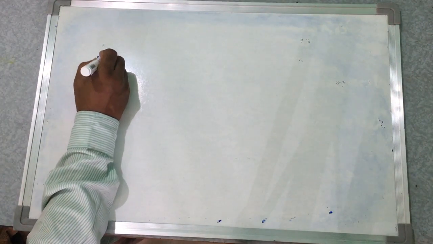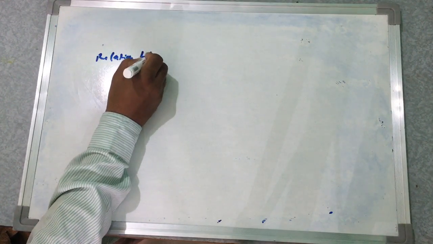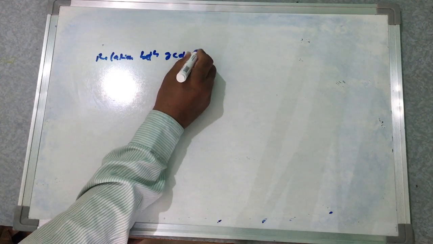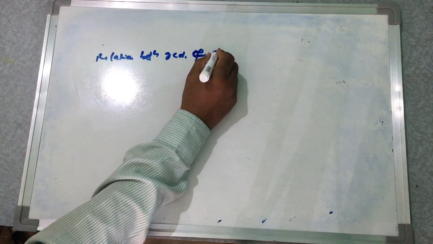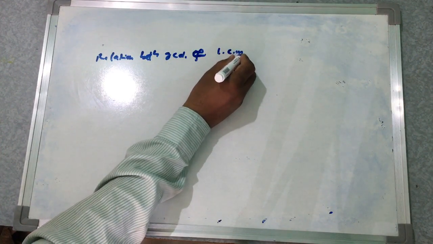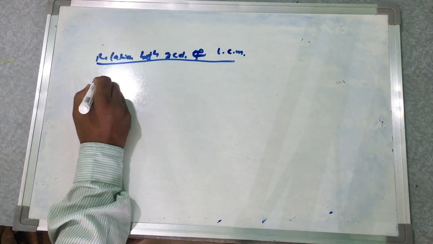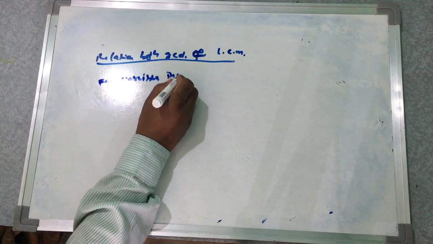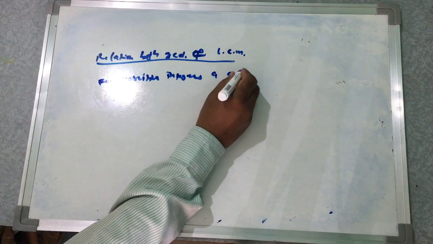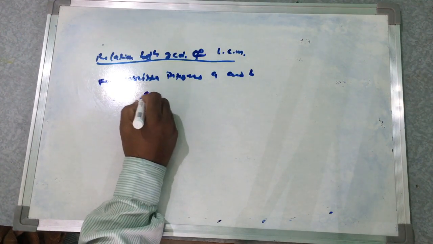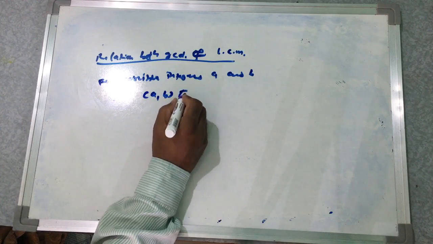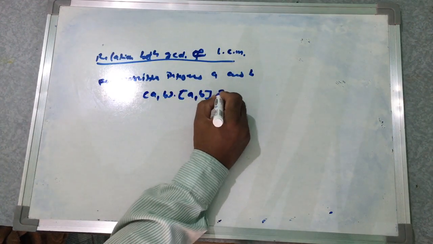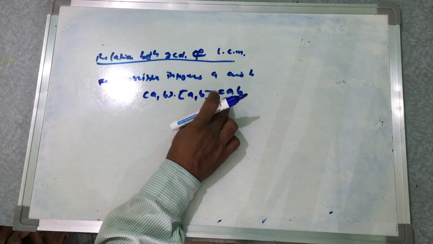Relation between GCD and LCM. So for positive integers a and b, here both the two brackets are given, (a, b) and [a, b].